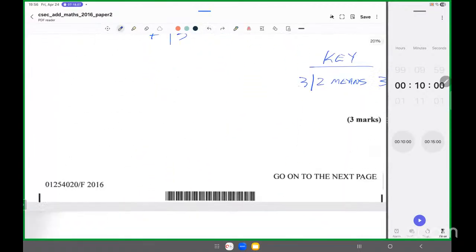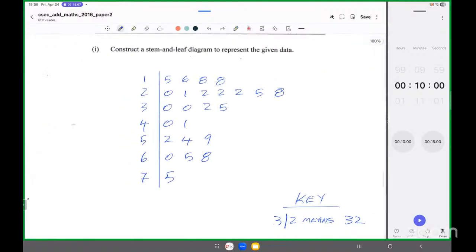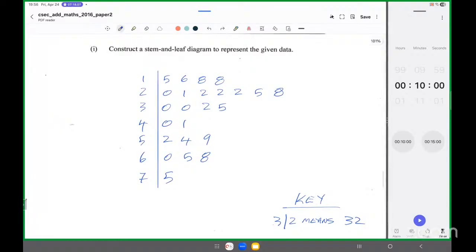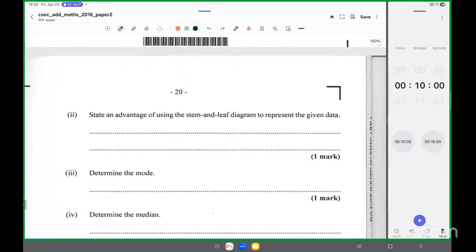All right, next part, the advantage. Same advantage all the time.